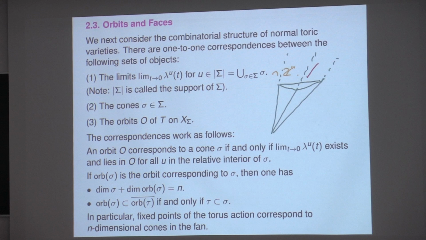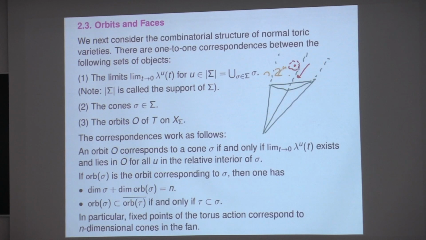In this case, it would be this part over here, where you are able to put a ball of the corresponding dimension inside. For example, the relative interior, now not of that cone, but of this face over here. This is too thick. This is better now.